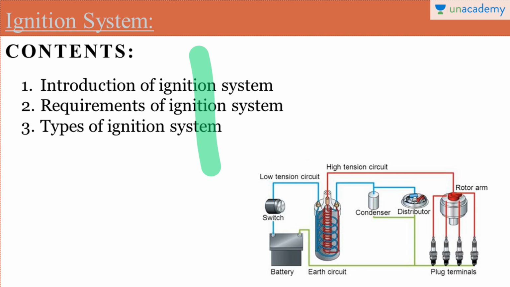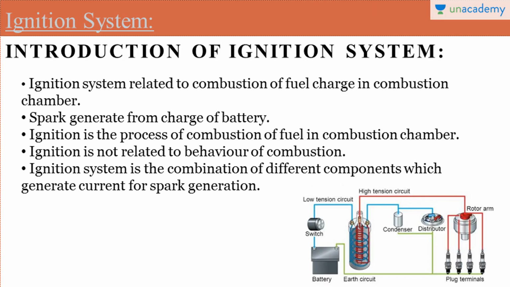So, let's start our lesson with the introduction of ignition system, or what is this ignition system actually. As we all know, generally the combustion takes place in the engine. The combustion takes place in both types of engine, in compression ignition engine as well as in spark ignition engine, as I already discussed in previous lectures on combustion in SI engine and combustion in CI engine.